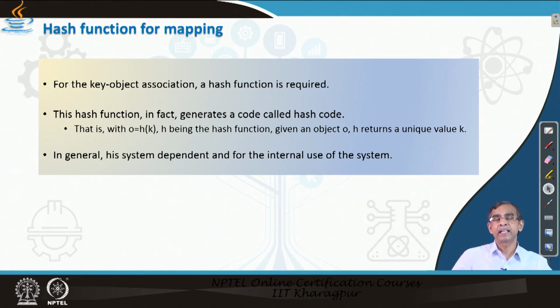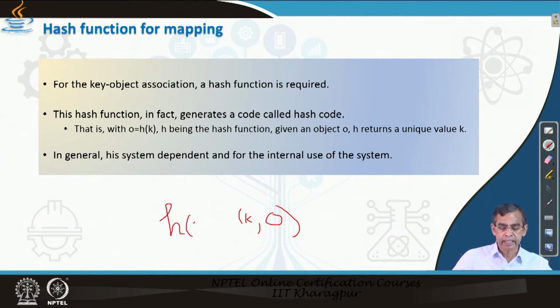As I told you, for any object there is a pair k and o. If the hash function h(k) is applied, it tells which object it is. The hashing technique is for this purpose only.